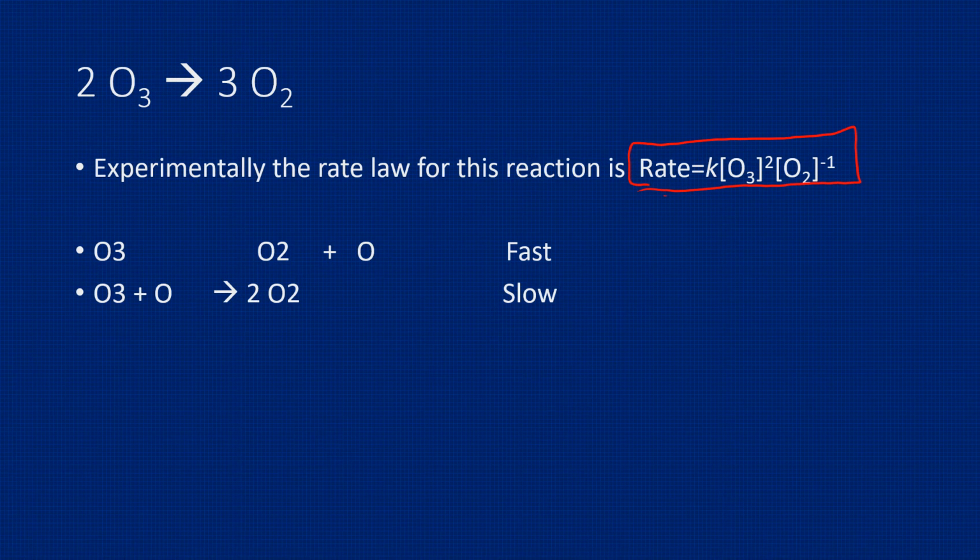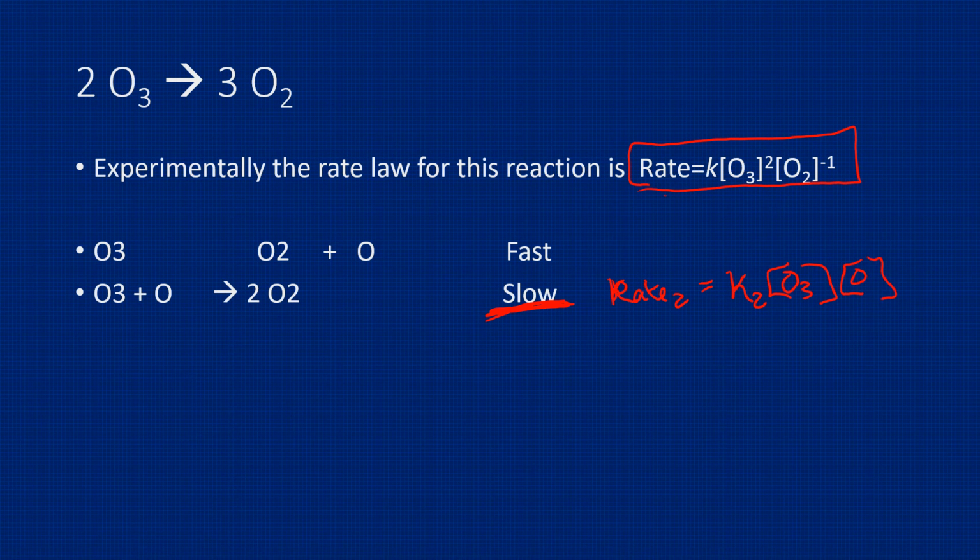When the first step is not our rate determining step, and the second step is, then looking at that, rate 2 is equal to K2 times the concentration of O3 times the concentration of O. O is an intermediate.